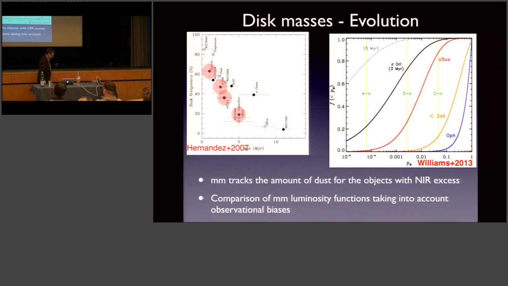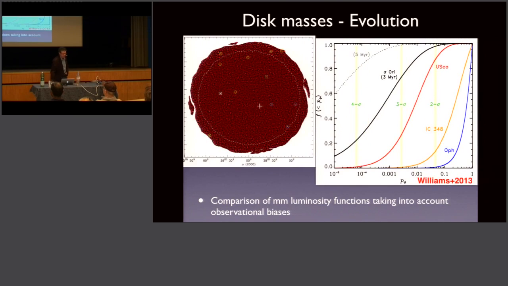Then the second step is, well, perhaps we should look at what we are really doing here. And what we are doing is this one. This is the best that we can do so far. This is a survey of Sigma Orionis in the millimeter with the SCUBA-2 camera.